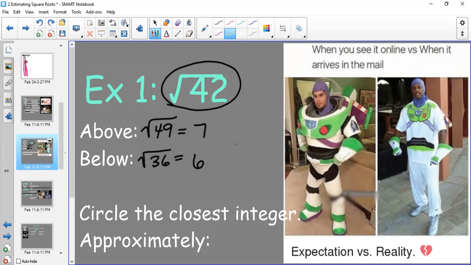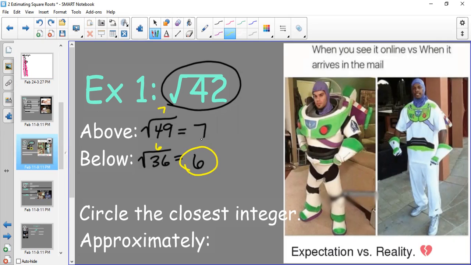Let's see how far apart they are. 36 versus 49, which one is closer to 42? Well, 49 minus 42 is 7, so that was 7 away. 42 minus 36 is 6, that was only 6 away. So circle the one that it's closest to: it is just a tad bit closer to 6.